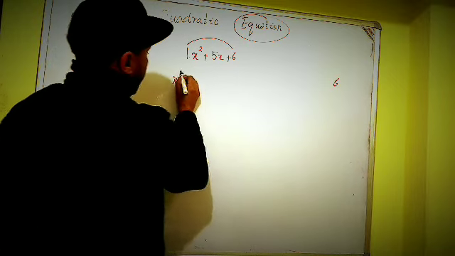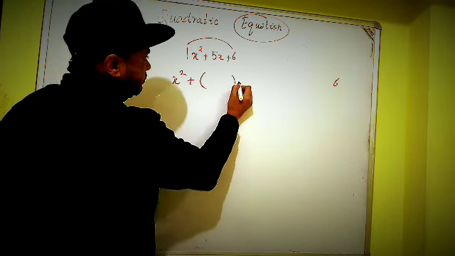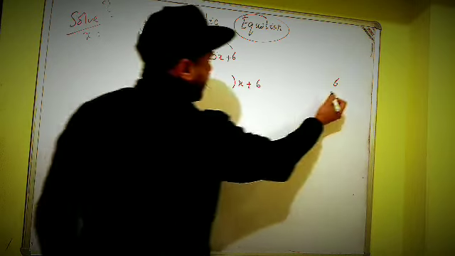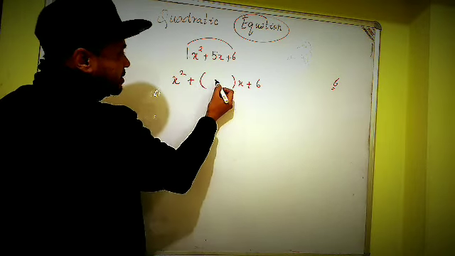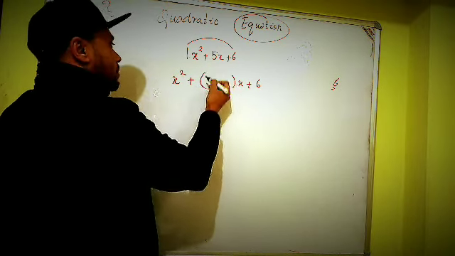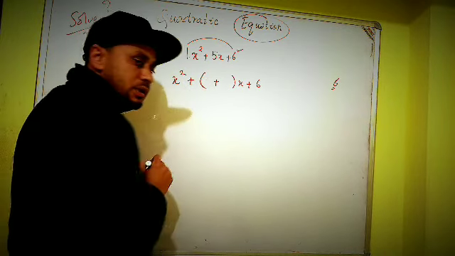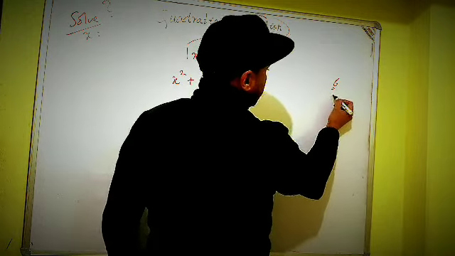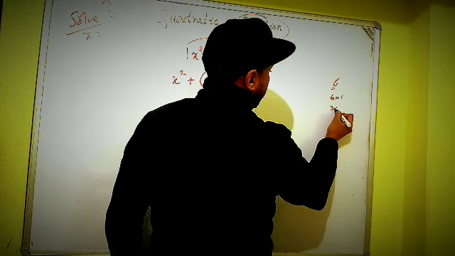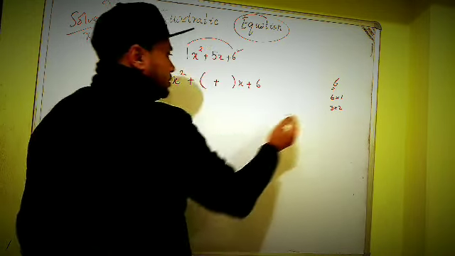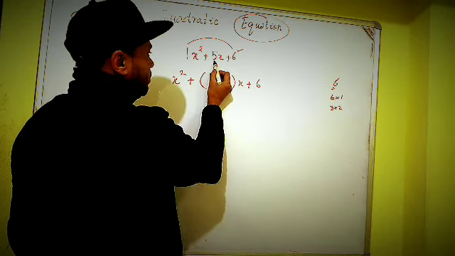Now, to break the middle term, we'll use the factors of this one. But what sign will be here? Whether it's plus or minus depends upon the last value. If the last value is plus, we use plus here. Okay, so what are the factors of 6? 6 into 1 and 3 into 2. So 6 plus 1 will be 7, but here it's 5.